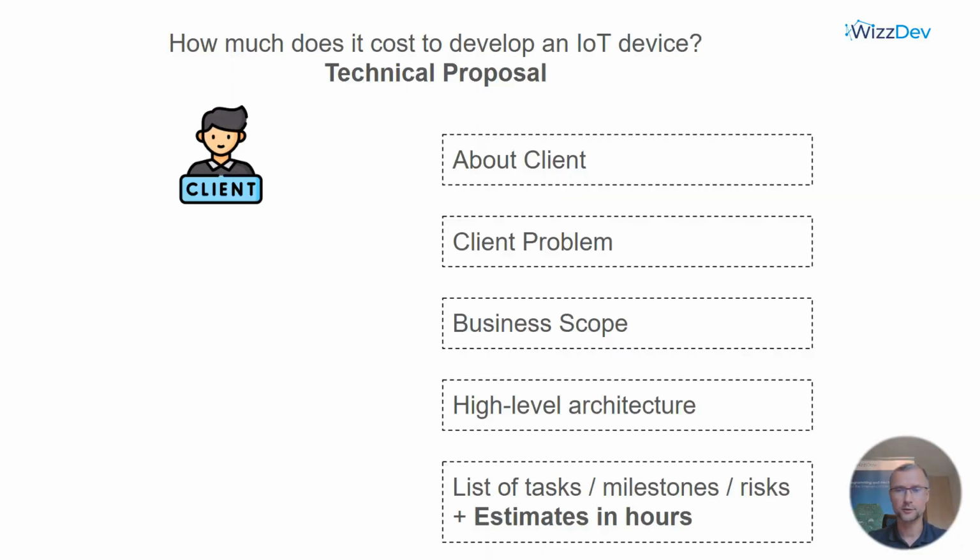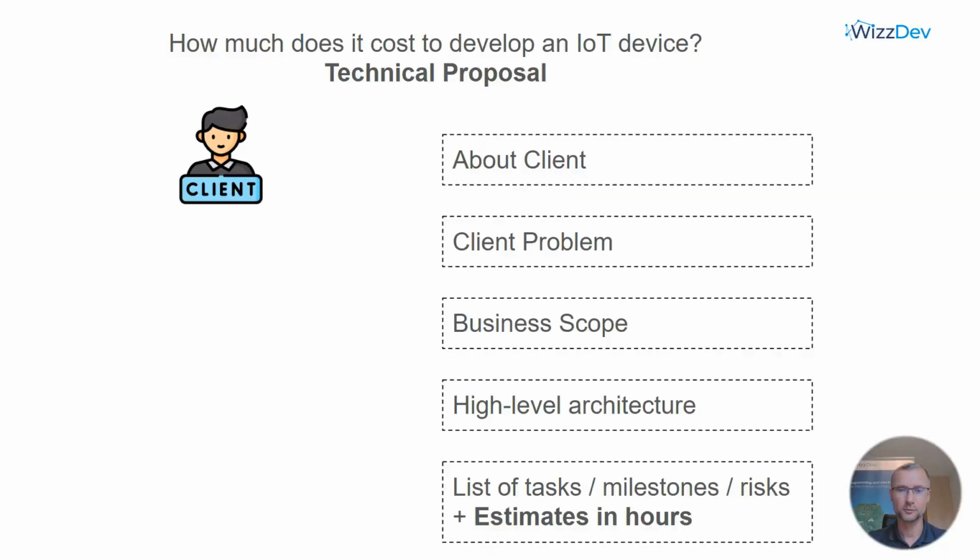Then we try to define the business scope, just for that engagement, for the technical proposal itself. We write down some requirements, and then we provide a high-level architecture, what is involved, in a language that not only your CTO but also your CFO, so your business people who make decisions, can understand.